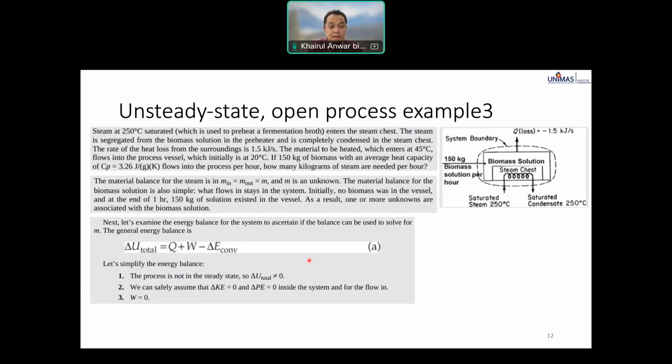So the material balance for the steam is M in equal to M out equal to M, and M is an unknown because it's asking how much steam is needed per hour, meaning it's a mass flow rate.